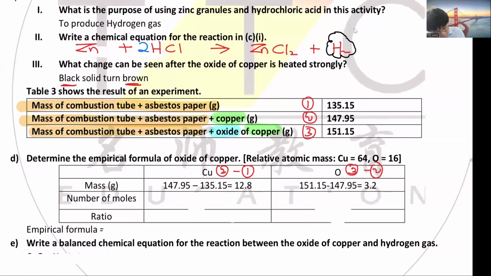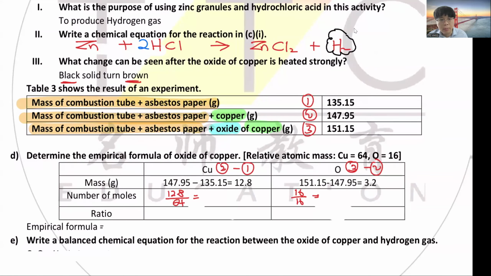For that, you take the 12.8 divided by 64. Then 16 divided by 16. The purpose of these two experiments is to get the empirical formula.